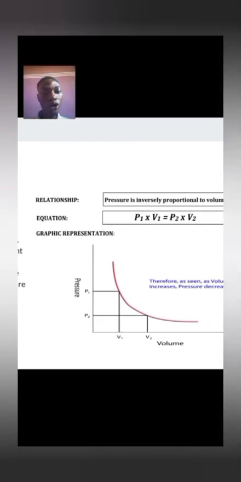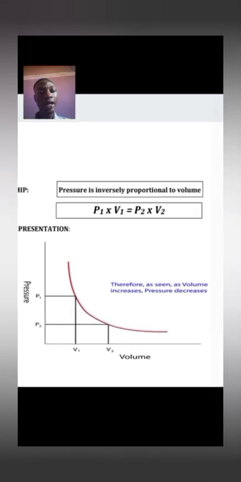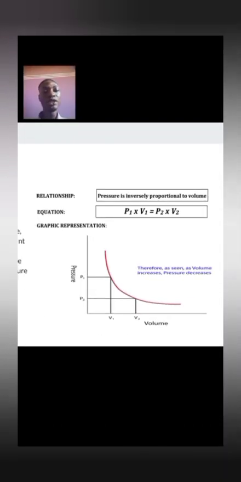Likewise, when you increase the pressure of a gas in a container, the volume will decrease, and when you decrease the pressure, the volume will increase. So pressure is inversely proportional to volume, which means as pressure increases, volume decreases, and as volume decreases, pressure increases.